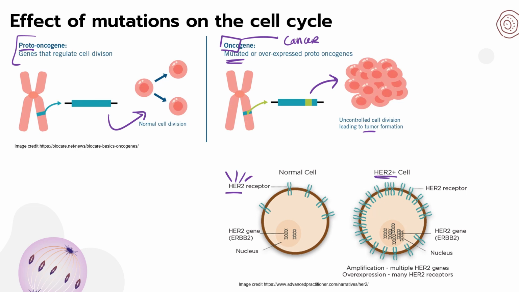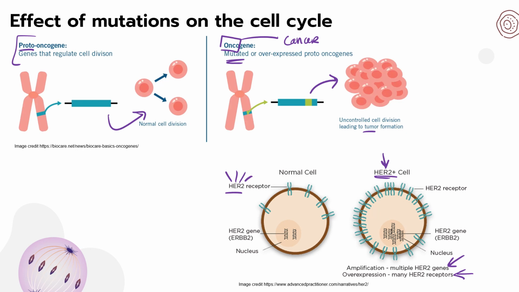If, however, we have a mutation, so HER2 positive cells have a mutation that leads to too many copies of the gene, which leads to too many copies of these protein receptors, which is going to lead to far too much cell division. We have lots of medicines that are specifically related to HER2 positive cancers, especially breast cancers now.